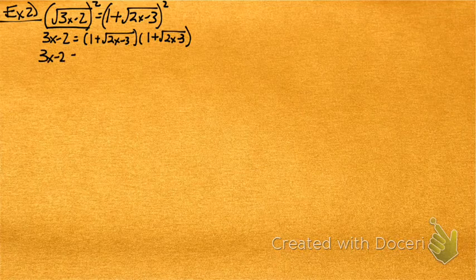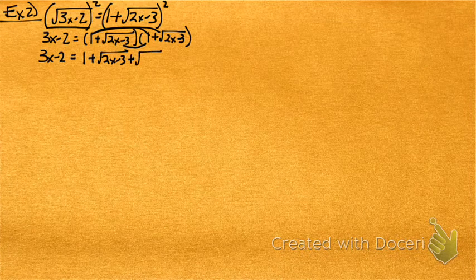The left side's done, it's easy, but when I multiply this side, 1 times 1 becomes 1. Then I'm going to have 1 times the square root of 2x minus 3, so that's just the square root of 2x minus 3. If you multiply the square root of 2x minus 3 times 1, you get another positive square root of 2x minus 3.